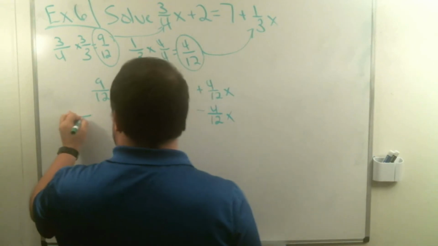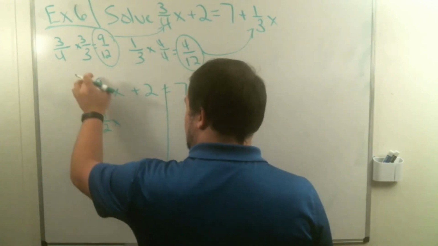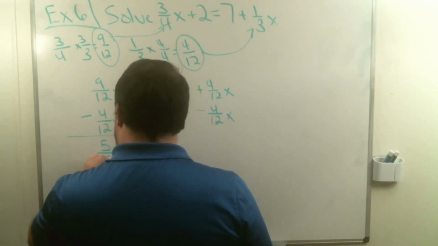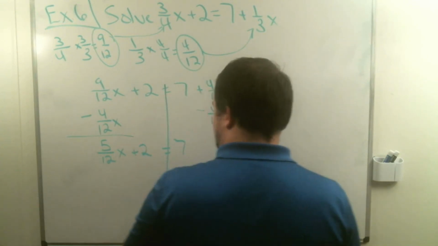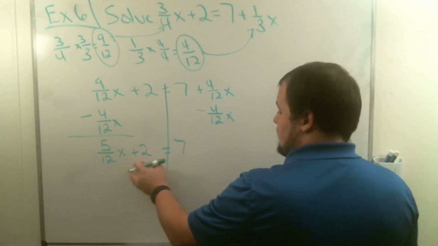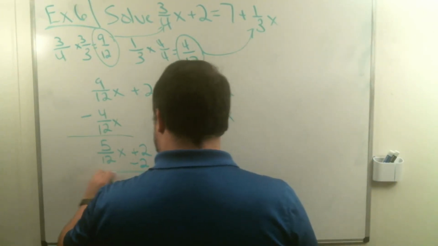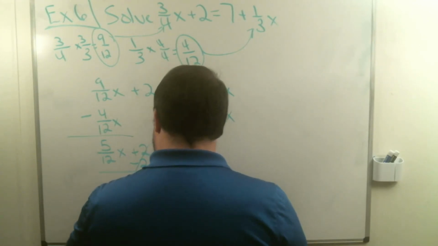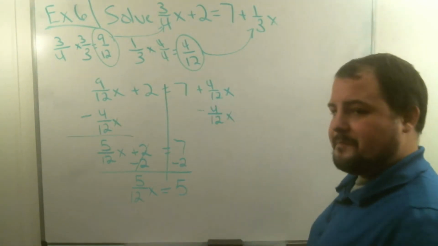And if we subtract 4/12x on one side, we subtract 4/12x on the other. 9 minus 4, that's 5/12x, plus 2 equals 7. Next thing we want to do, we want to get rid of this plus 2. So we're going to subtract 2, subtract 2. This cancels out, and we have 5/12x equals 7 minus 2 is 5.